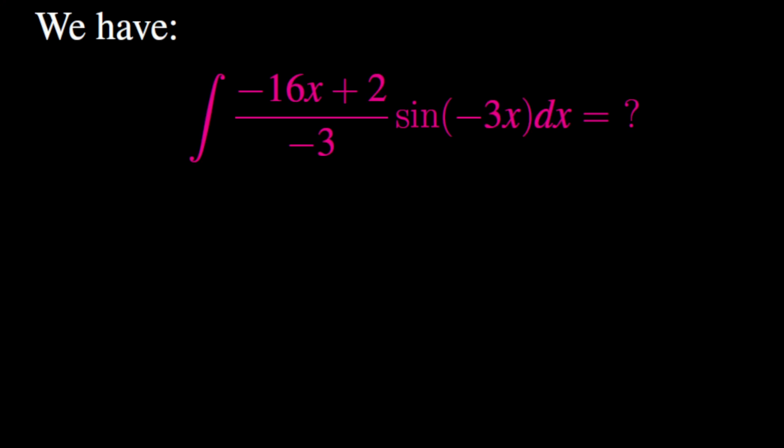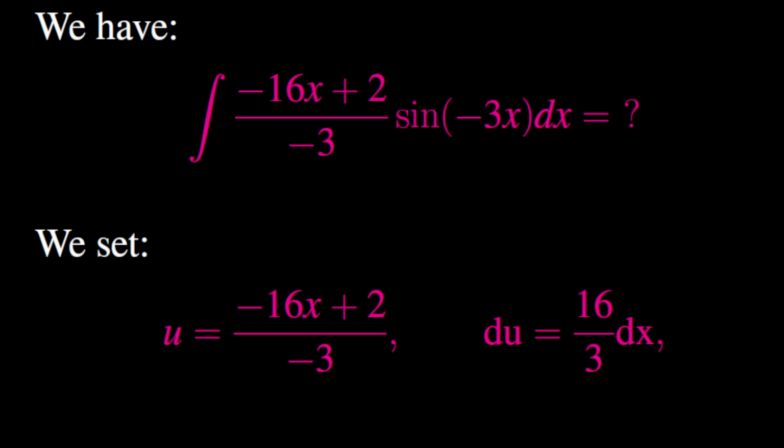Given that this function is still the product of a nonlinear function with a polynomial function, we still have to use the method of integration by parts. The main aim of this repeated use of integration by parts is to reduce the degree of the polynomial function, minus 16x plus 2 over minus 3.